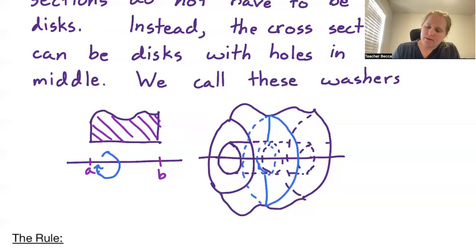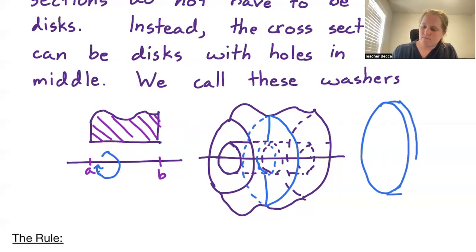So again, our cross sections are a disc with a hole in the middle. Let me draw that vertically instead of horizontally. So in order to find this volume, you can just do the big disk minus the missing middle piece.